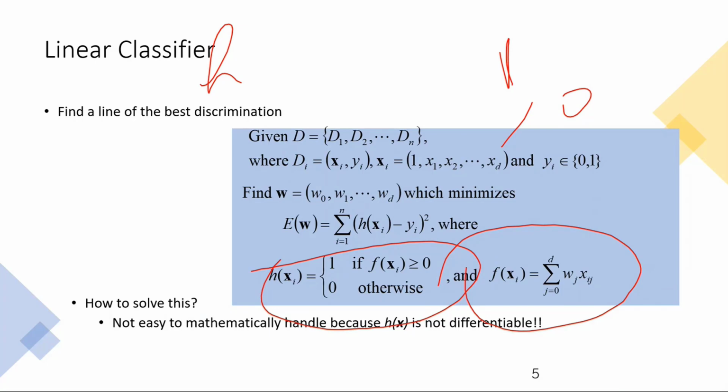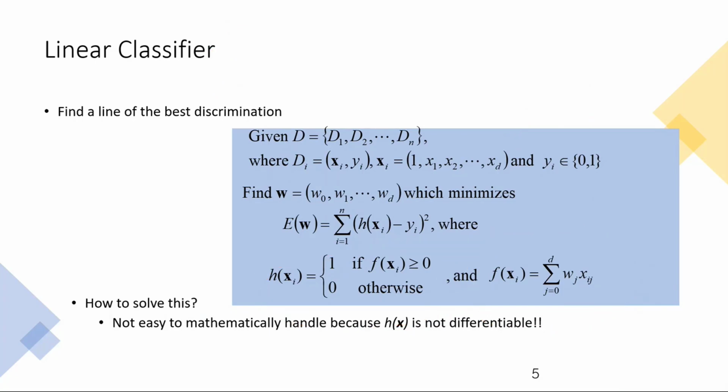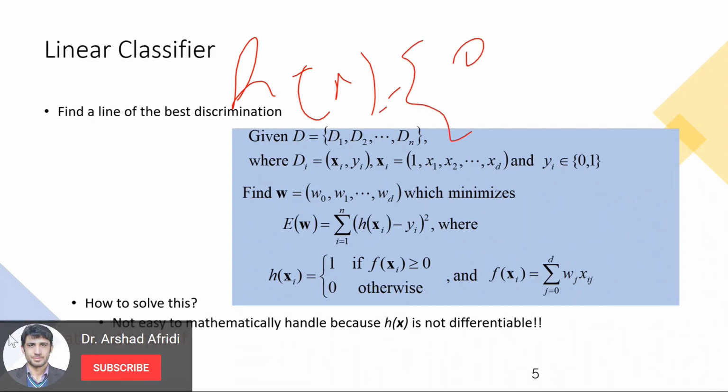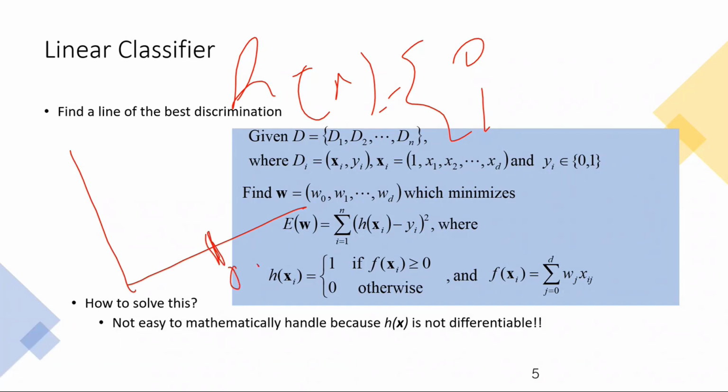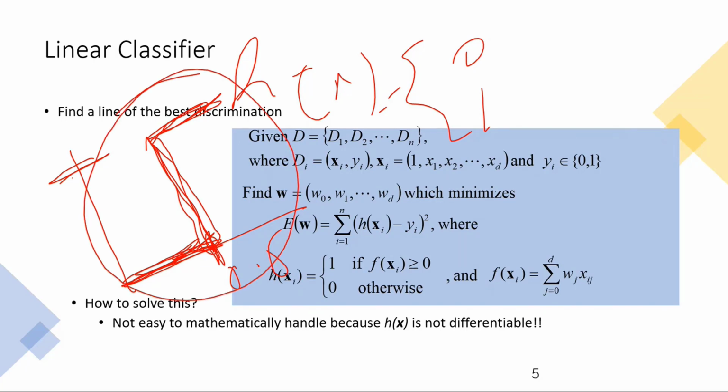For example, h of x is equal to either 0 or 1. So when you plot this, it could be like this one. For example, this is 0.5 and this is 1. So until this point it is 0, and after that it is 1, so it is like this one. Okay, so this equation is not differentiable.